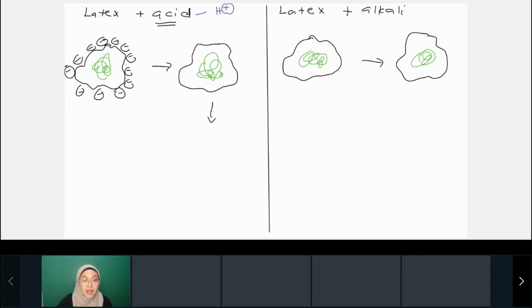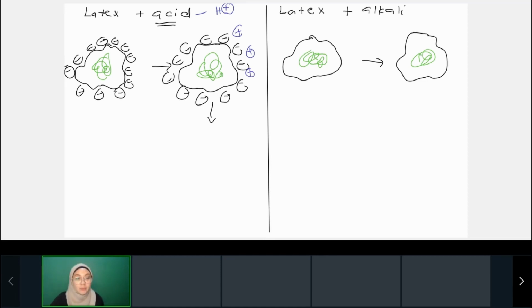Just now they had a negative charge. So when the negative charge meets the positive charge, it will become neutral, no charge.